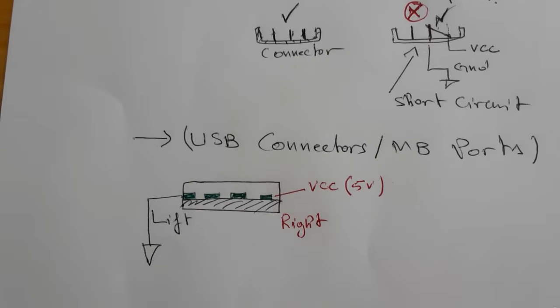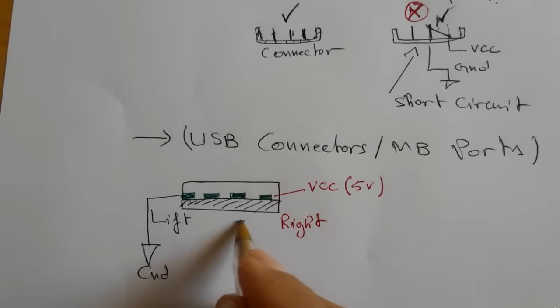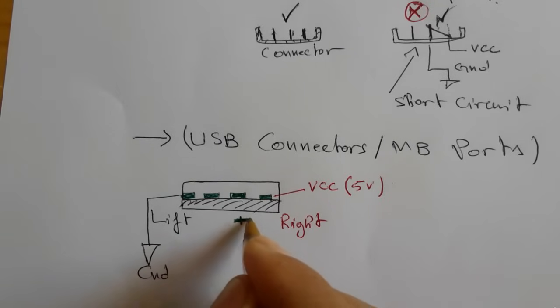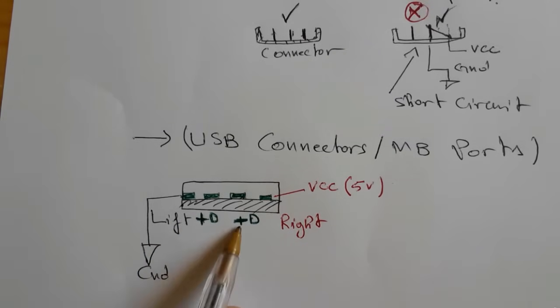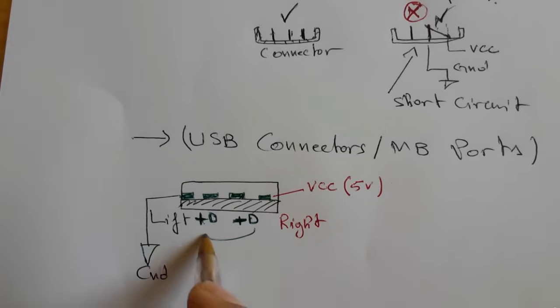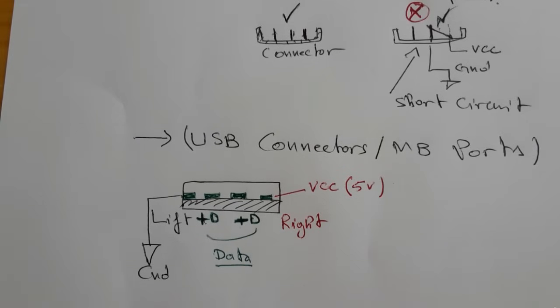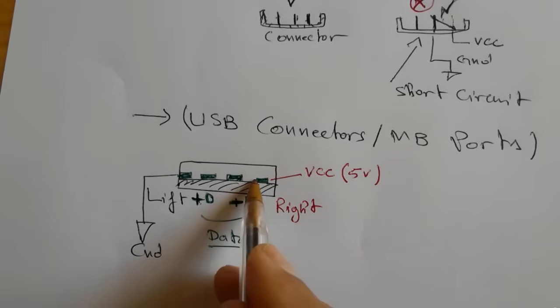The 2 terminals in the middle are minus D and plus D. This is for data, if you want to transfer data from USB to computer or from your computer to a USB key. So this is the symbol for the USB port or USB connector.